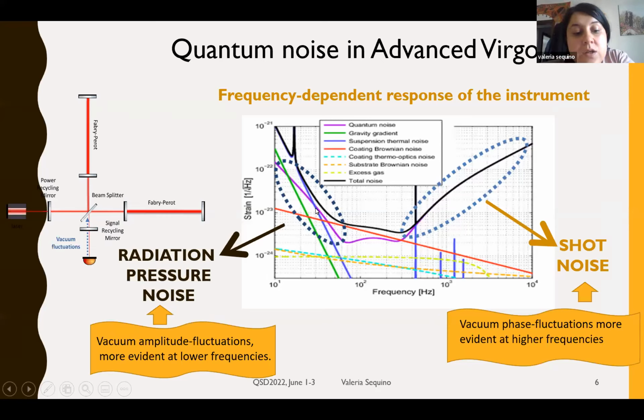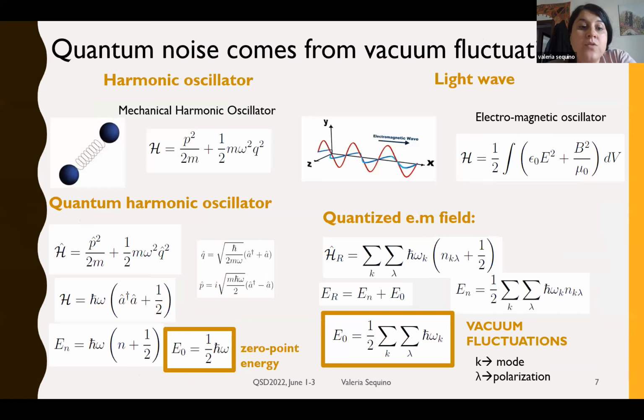There is another component of the quantum noise, the radiation pressure noise, that for Advanced Virgo was not disturbing, being covered by other noises, but as we will see next, this will also be important for the new generation of gravitational wave detectors, such as Advanced Virgo, that now is in the commissioning phase. The quantum noise comes from vacuum fluctuations.